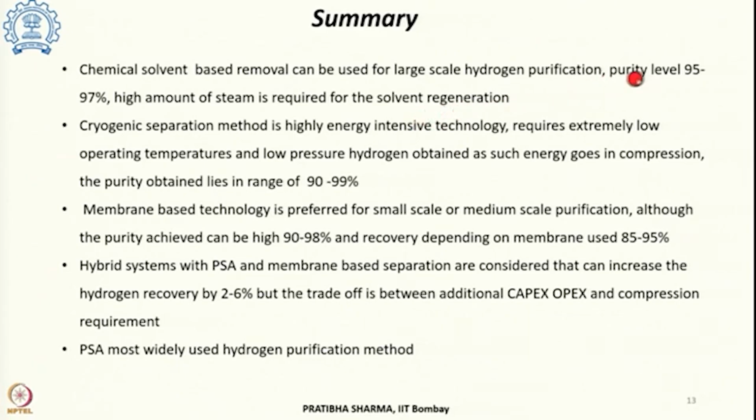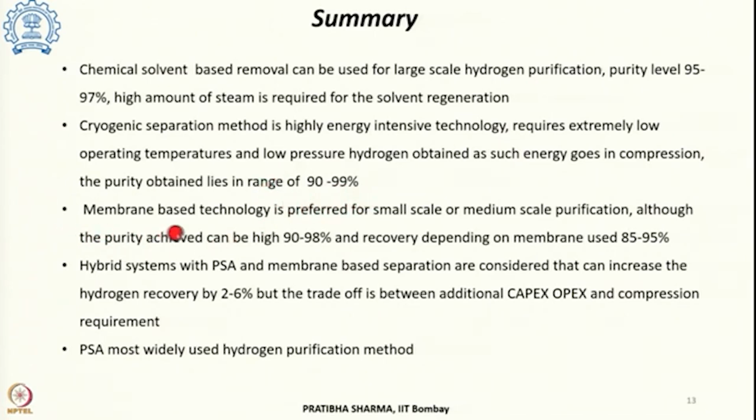So, in order to further improve the purity, we can use a hybrid along with a PSA. A smaller PSA unit can be integrated with the solvent based removal unit. The method of cryogenic separation is highly energy intensive because it requires very low temperatures and low pressure. Hydrogen is obtained at low pressure, so compression becomes essential, and the purity lies between 90 to 99%.